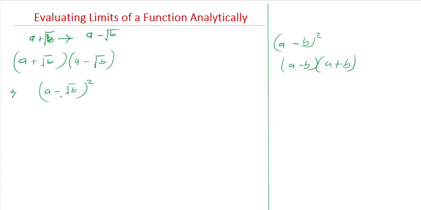If you break this down further, a squared will give us a squared, and root b squared will give us b, because root b is the same thing as b to the power of 1 over 2. If you square it, the 2 will cancel this. We are left with b. So this gives us the final breakdown.